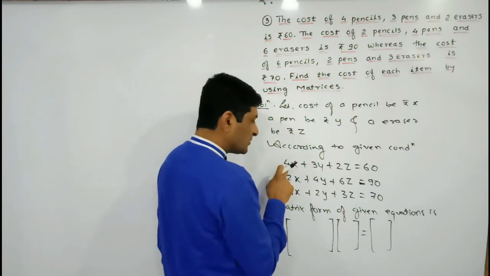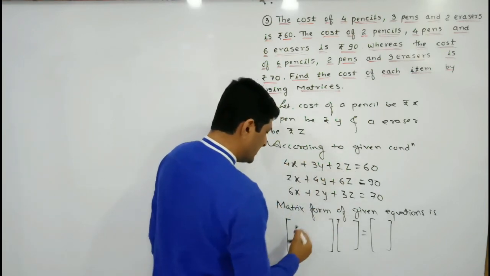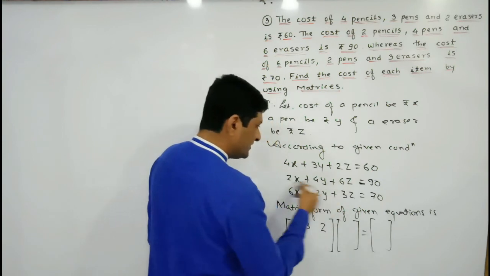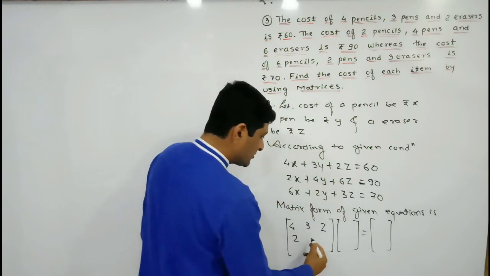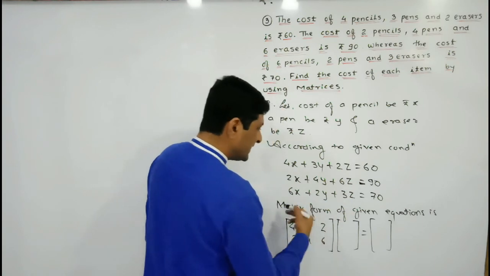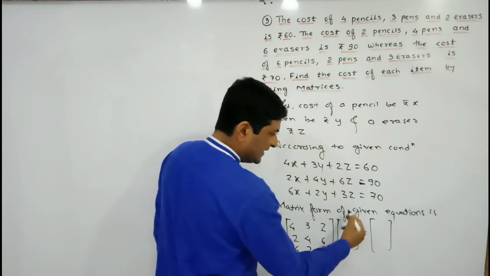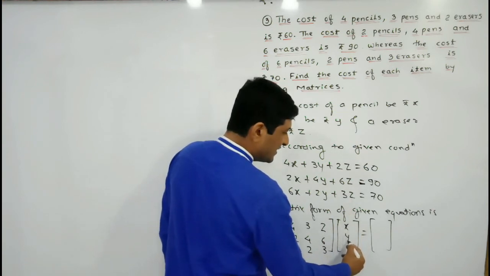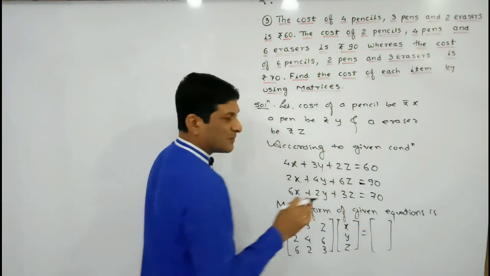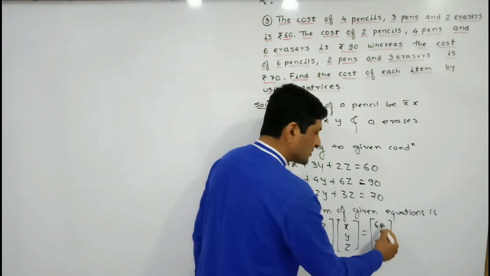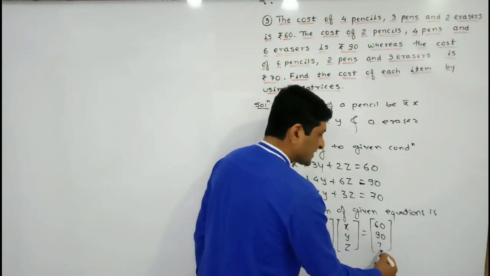In the first equation, what are the coefficients? 4, 3, 2. So here first collect the coefficients of x, y and z. In the second equation, these coefficients are 2, 4, 6. In the third equation, these coefficients are 6, 2, 3. In this matrix we collect the variables. In this example, the variables are what? x, y, z. And on this side collect the constant terms 60, 90, 70.